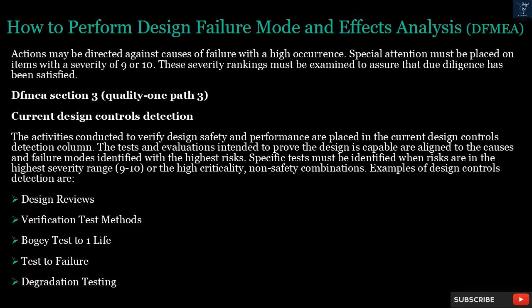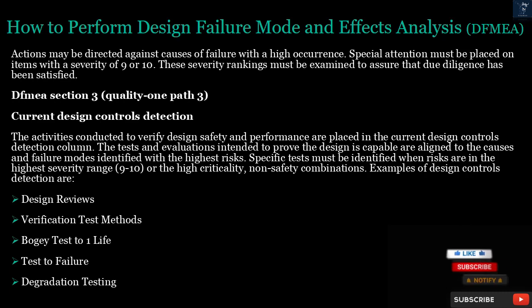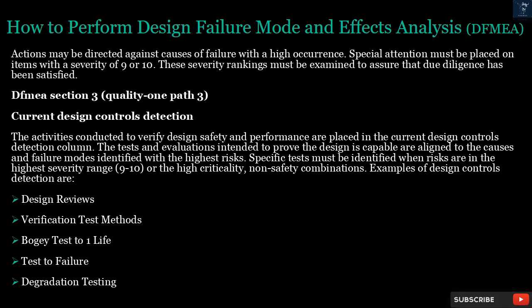DFMEA Section 3, Quality 1 Path 3. Current Design Controls Detection. The activities conducted to verify design safety and performance are placed in the Current Design Controls Detection column. The tests and evaluations intended to prove the design is capable are aligned to the causes and failure modes identified with the highest risks.